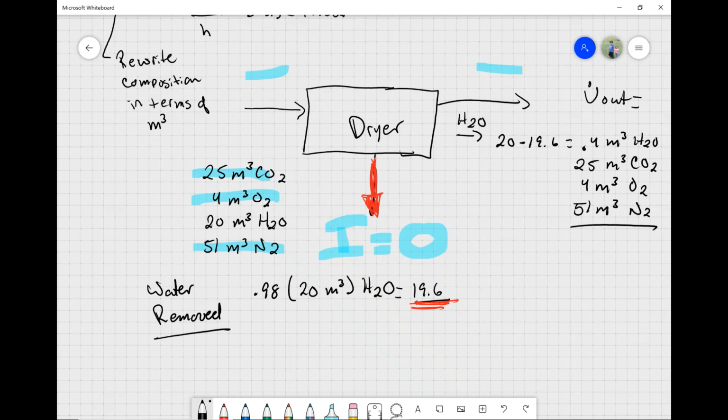And so it's going to be less than 100 cubic meters. It's going to be less than our input because we took out some H2O. So 0.4 plus 25 plus 4 plus 51 equals 80.4.